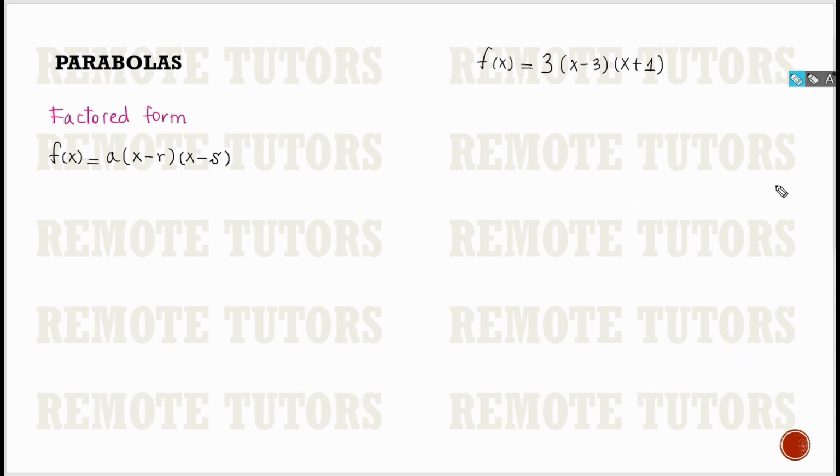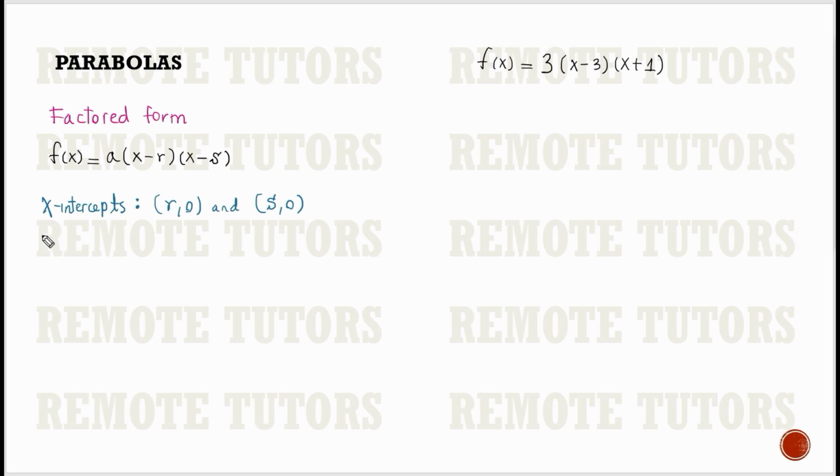When the equation of the parabola is shown in factored form, you can easily determine the x-intercepts. The x-intercepts are at (r, 0) and (s, 0).